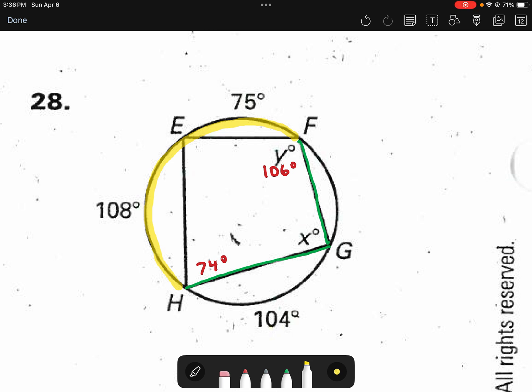It would be 91.5, and that's what x would be. Okay, so that's 1.5 degrees more than 90. That means this one over here has to be 1.5 degrees less than 90. So we'll call it 88.5.